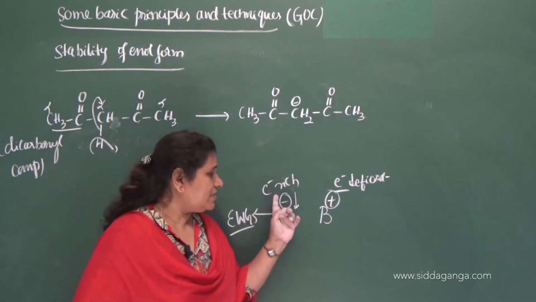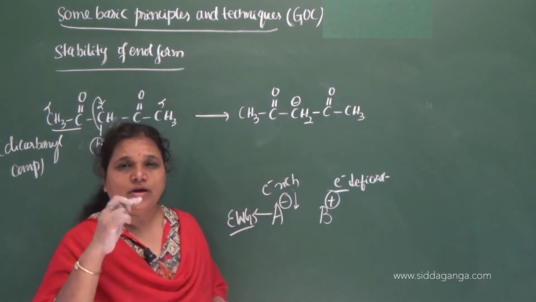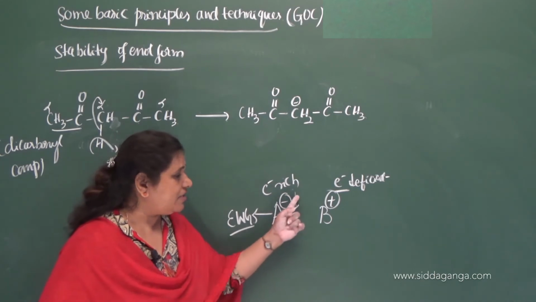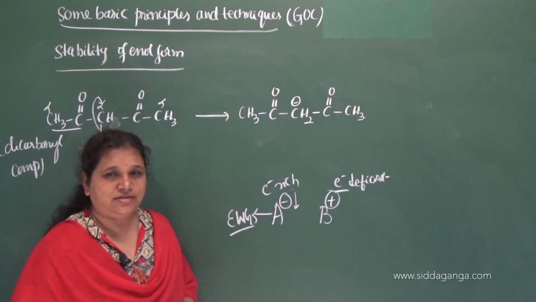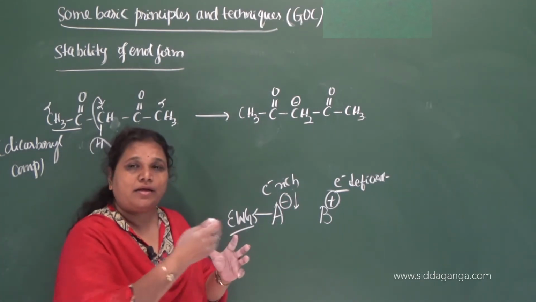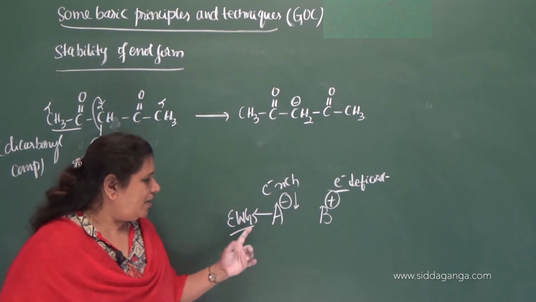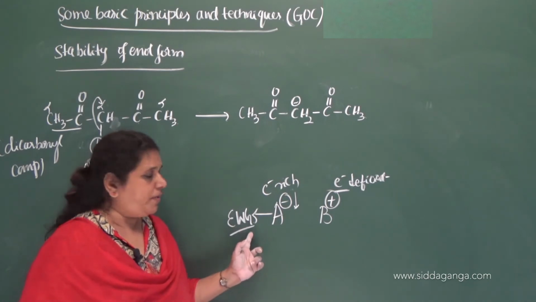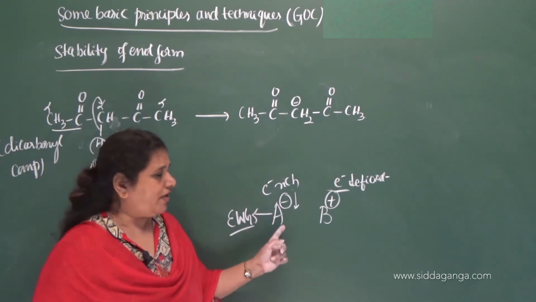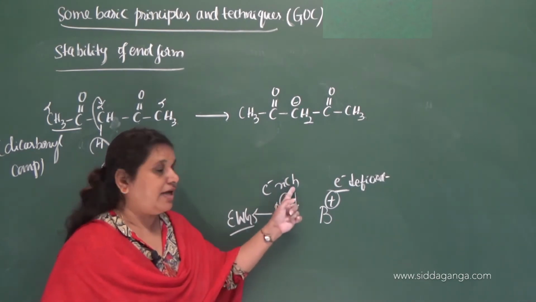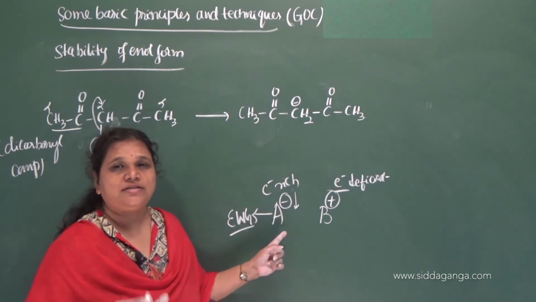So this negative charge indicates electron rich species. It becomes stable when the diminishing of the negative charge takes place. That can be done by removing the electrons. We need to withdraw the electron. Means if any electron withdrawing group is bonded to this, definitely the stability increases. Why does it increase? Because the diminishing of the negative charge is more.